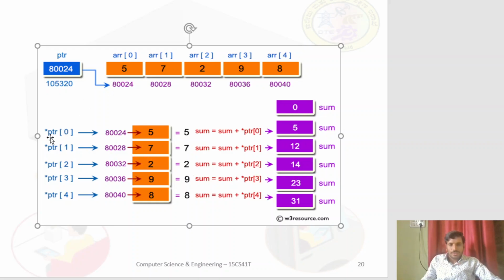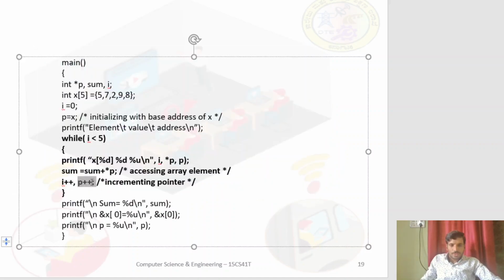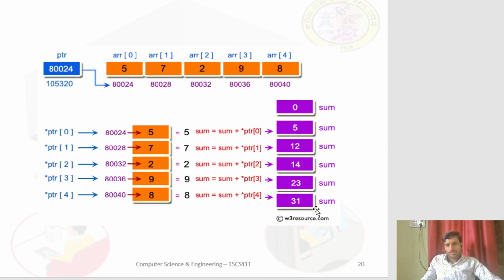Like this, the first element is stored at the address 24, the second at 28, right? So I can access every element by incrementing the pointer, pointer plus plus. This is the code, the operator where p is getting incremented. Okay, students.